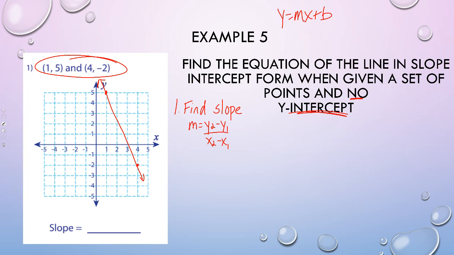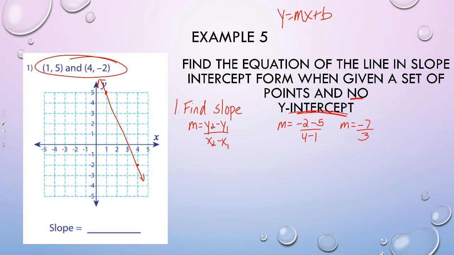So let's find our slope. M is equal to y2, negative 2, minus 5, over 4 minus 1. So my slope, negative 2 minus 5, is going to be negative 7 over 3. So there's my slope. Well, how do I find the y-intercept here? This is a little bit annoying, okay?